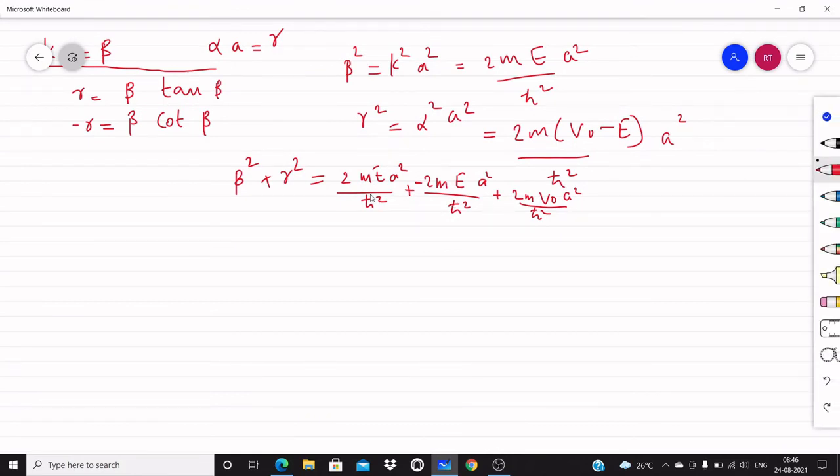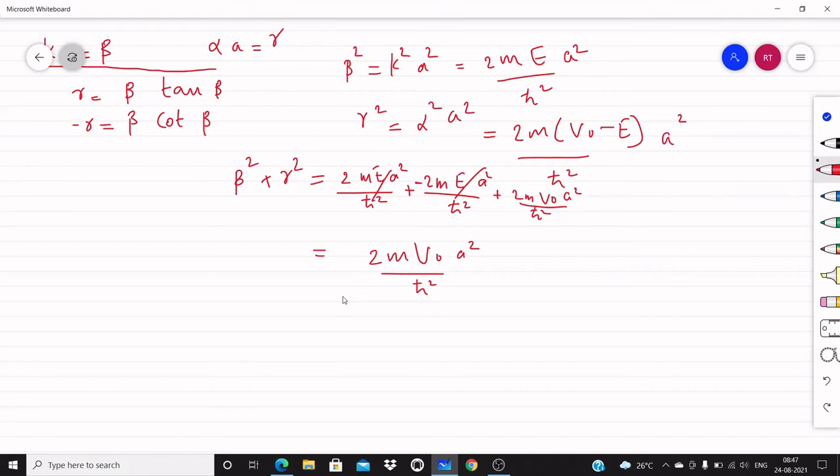So cancelling these two, you have 2m V0 a square by h cut square. This looks like an equation of a circle of radius square root of this one. This is like a square plus b square is equal to 1, but instead you have a constant. So this is going to be the radius of the circle.